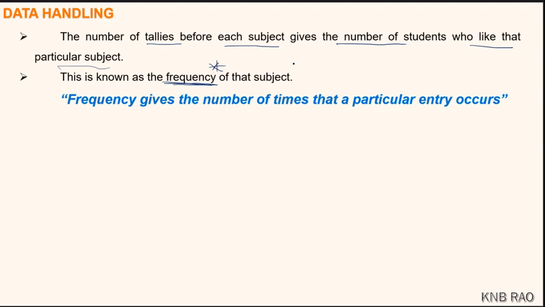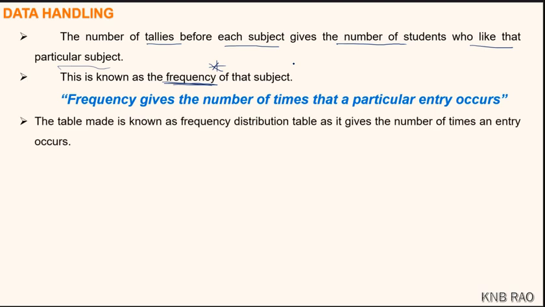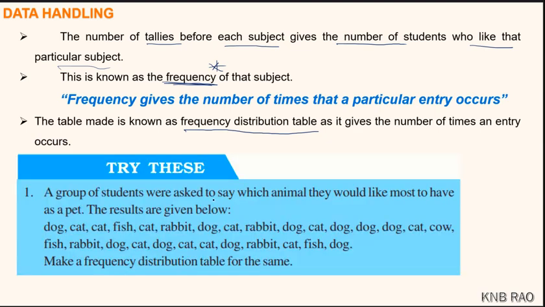So the table which we drew is called a frequency distribution table. We made a frequency distribution table for that raw data. Now, let us work on one more example. I am taking a try these question.